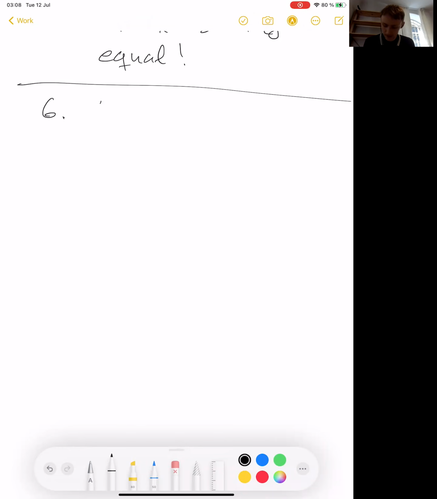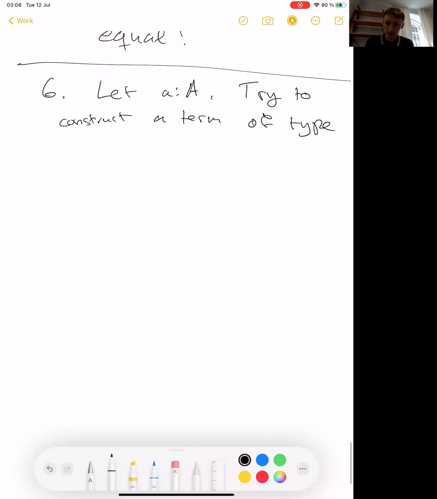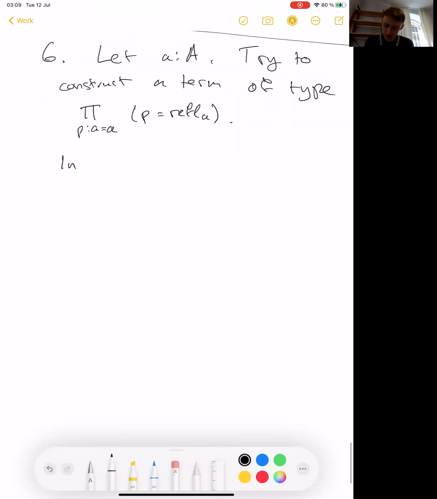Let's say that we have a point a in A. The problem is, sorry, I shouldn't say try to prove, try to construct a term of type pi p : a equals a, p equals refl a.